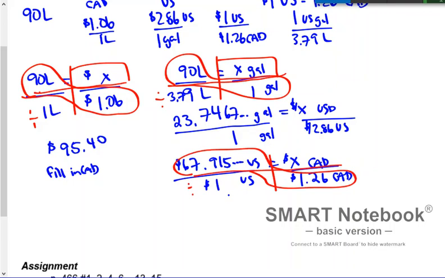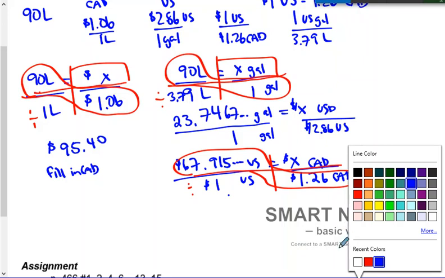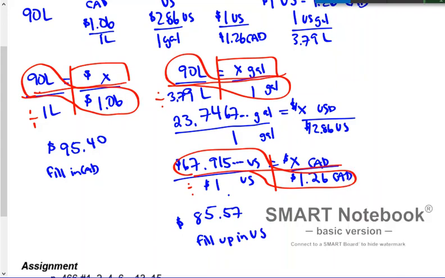Multiply, cross, divide. And we get $85.57 to fill up in the US.